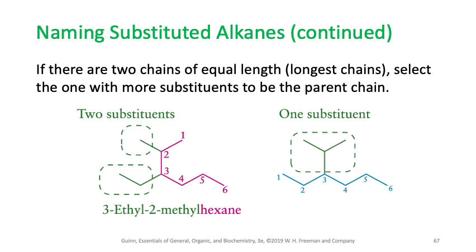For example, if I start from here, 1, 2, 3, 4, 5, 6, I got 6 carbon. I could have started counting from this side, 1, 2, 3. Now I have a choice. I could go up or right, up or down.